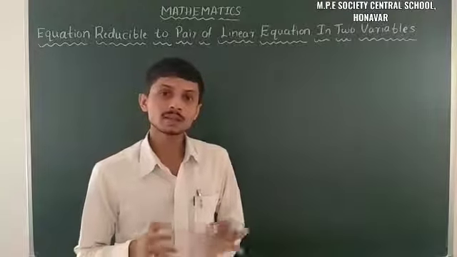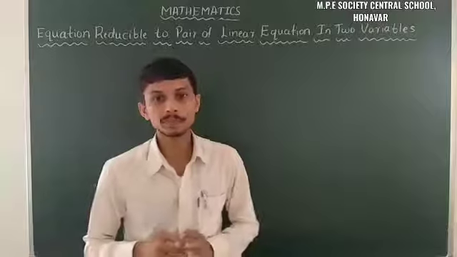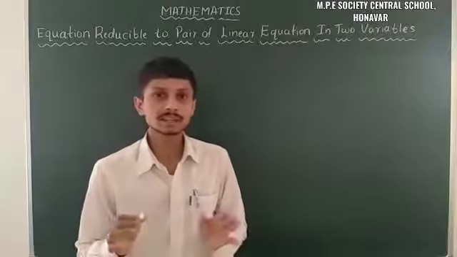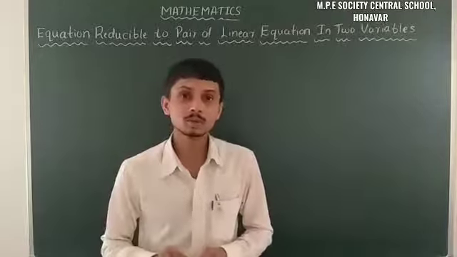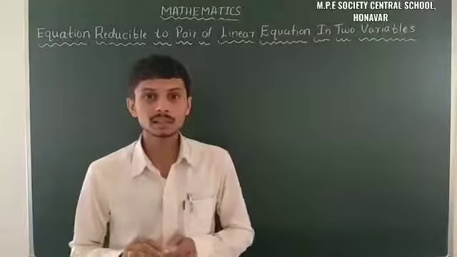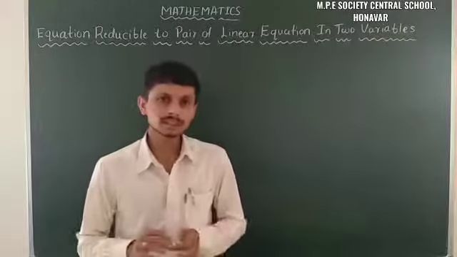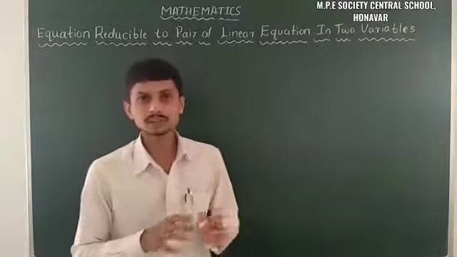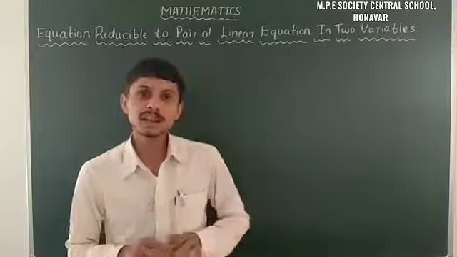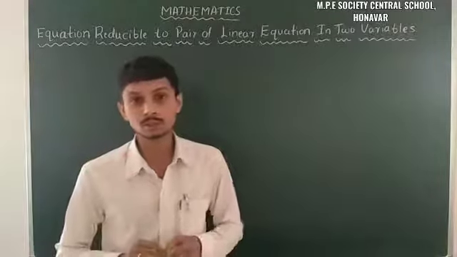So here we are coming to the last topic of pair of linear equations in two variables, that is equations reducible to a pair of linear equations in two variables. Here there are some equations that are not in the standard form of pair of linear equations in two variables.